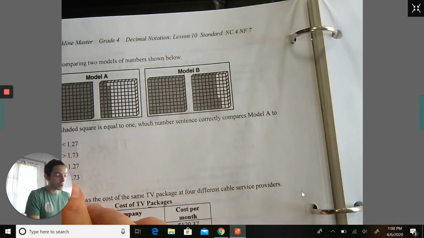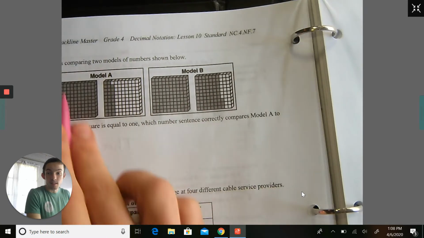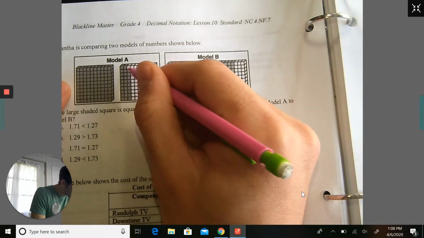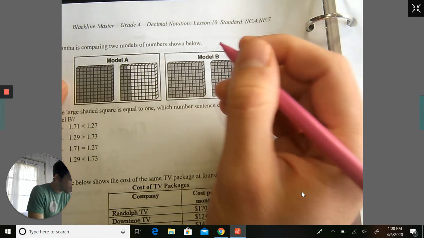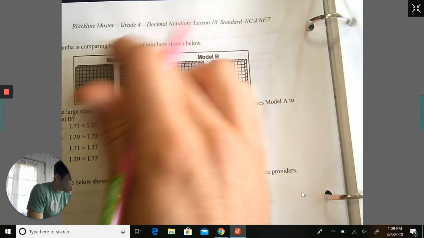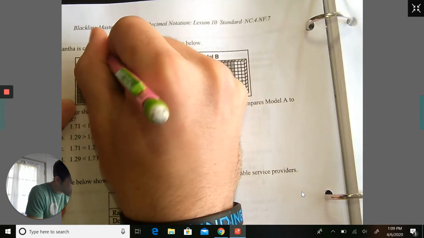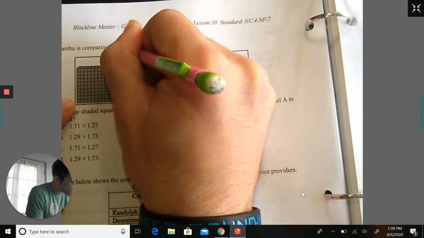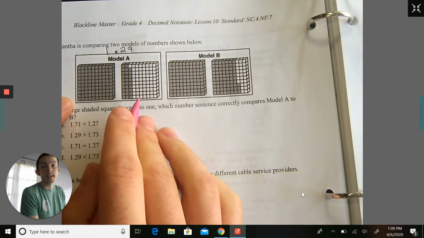So when we're looking through, we see that this is 1 whole and 1/10, 2/10, and 9/100. So this model here shows 1.29, 1 whole and 29/100.